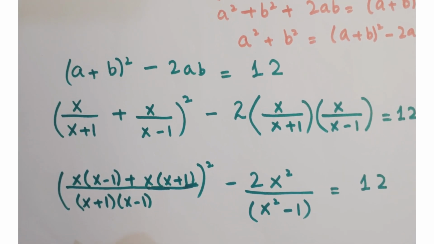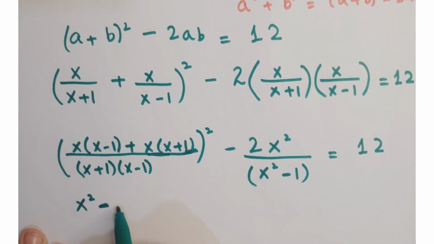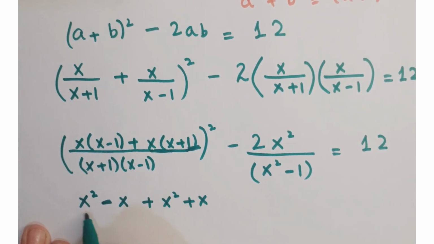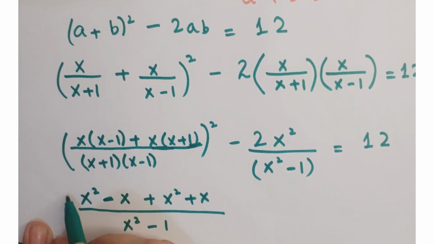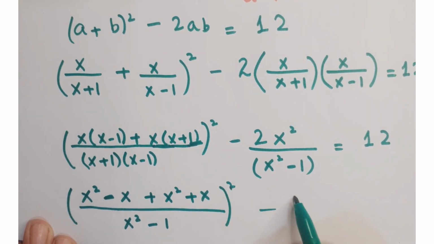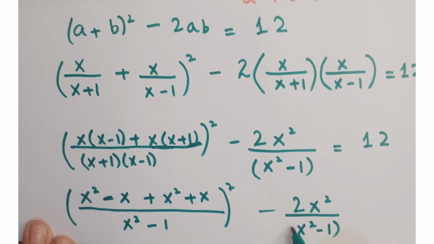Now simplifying this, you get (x² - x + x² + x)/(x² - 1), and here x is its whole square, minus 2x²/(x² - 1) = 12.